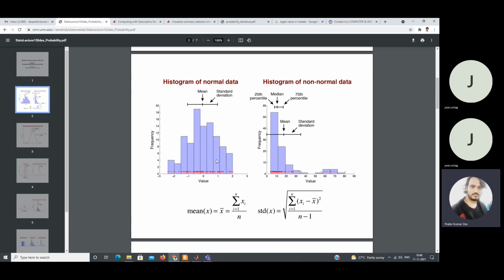Did ma'am teach you any probability distribution? Ma'am has covered mean, median, mode, central tendency, box plot, histograms.